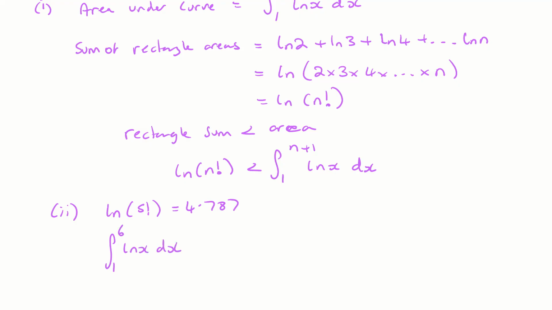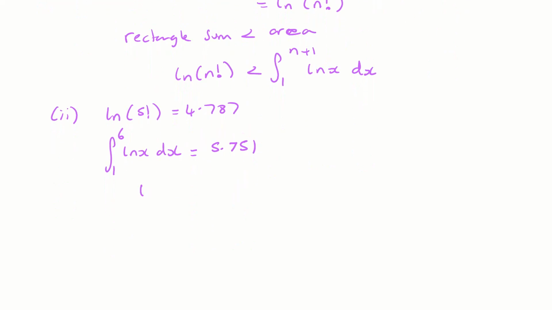We're just evaluating on the calculator, and that would give us 5.751, and therefore we can make the statement that ln 5 factorial is less than the integral from 1 to 6 of ln x dx.